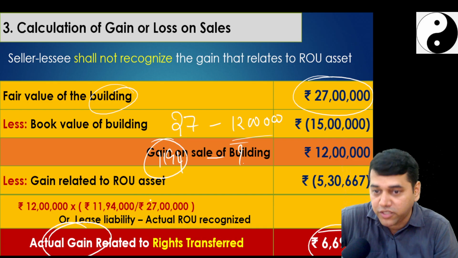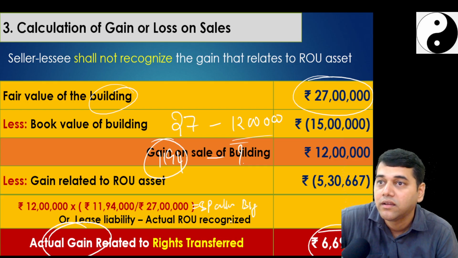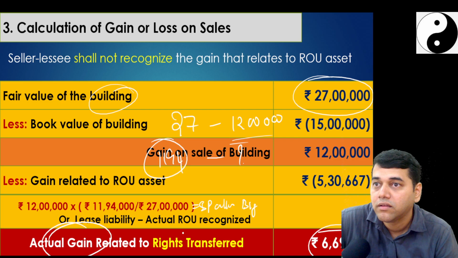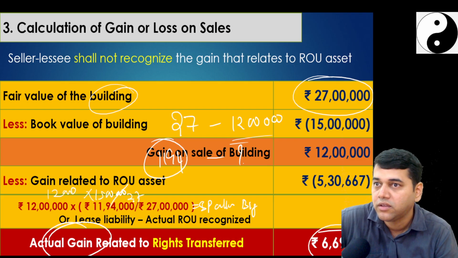It's not which one? This one, 27. It's not fair value. It's the sale price allocated to the building. Means, okay, you will take 12 lakhs into 15 by 27. This is what you are trying to do. I didn't get your question.